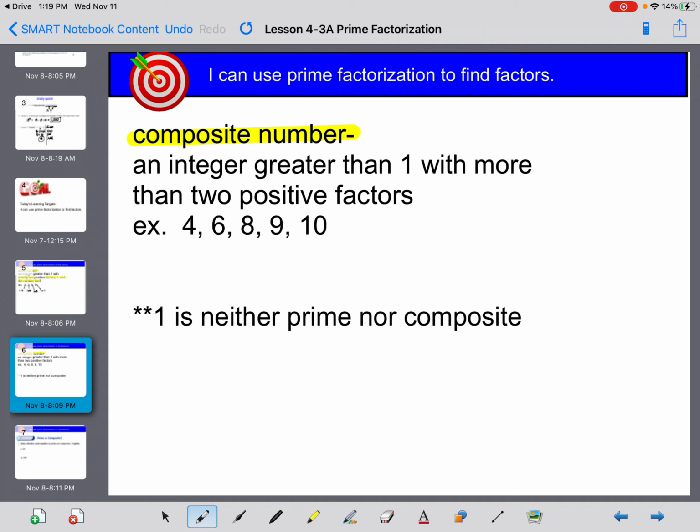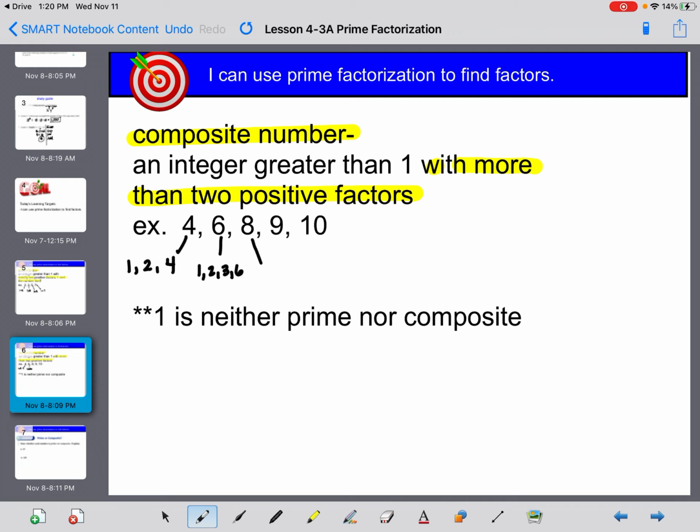Composite. A composite number is a number greater than 1 with more than 2 positive factors. So for example, 4 is divisible by 1, by 2, and by 4. 6 is divisible by 1, 2, 3, and 6.